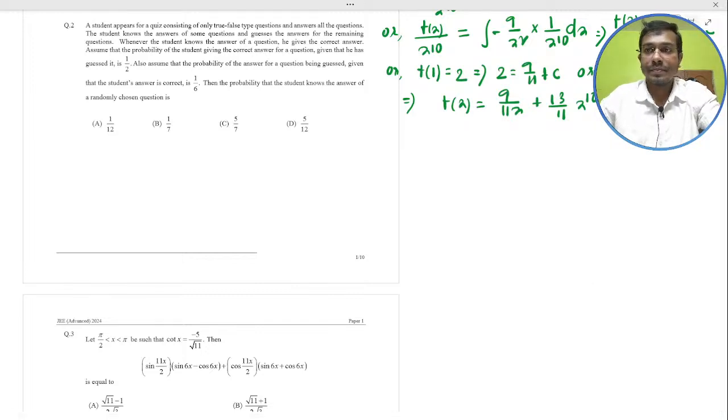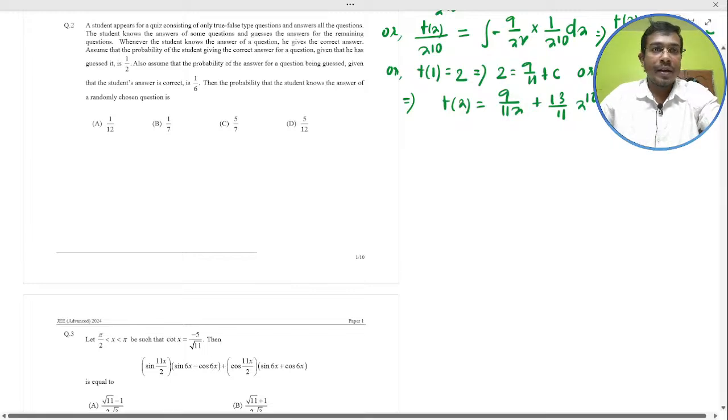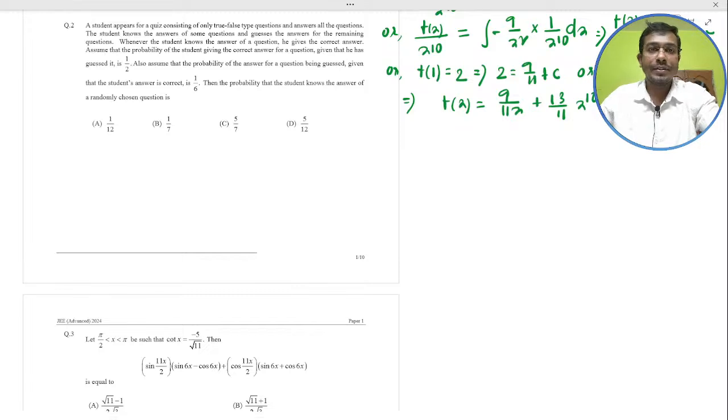A student appears for a quiz consisting of only true-false type questions and answers all the questions. The student knows the answer of some questions and guesses the answer for the remaining questions. Whenever the student knows the answer of a question, he gives the correct answer.